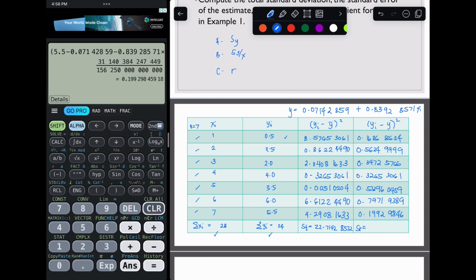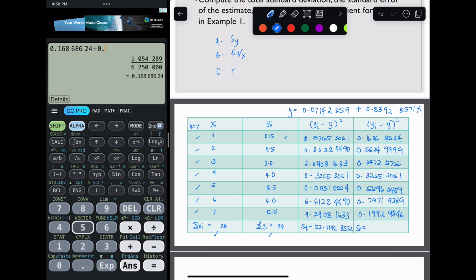So getting the summation, 0.16868624 plus 0.56249999, 0.34725766 plus 0.32653061 plus 0.58960459, 0.79719389 and 0.19929846.